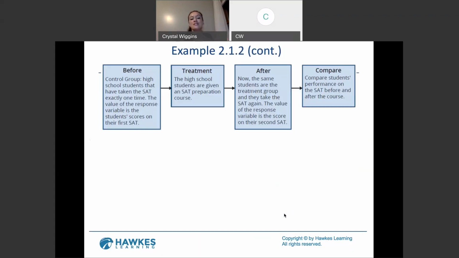So because there's too many variables from one person's brain to the next, we are doing a good job by using the same group of people as the control group so that you're comparing one person's scores to his or her own scores, which is a much better comparison than trying to compare two different individuals when it comes to test scores.